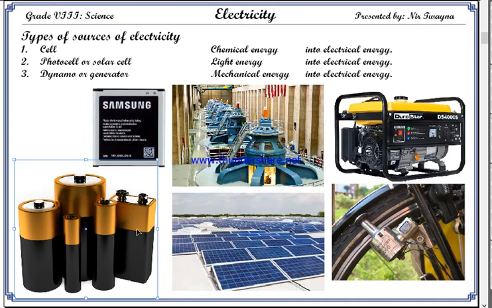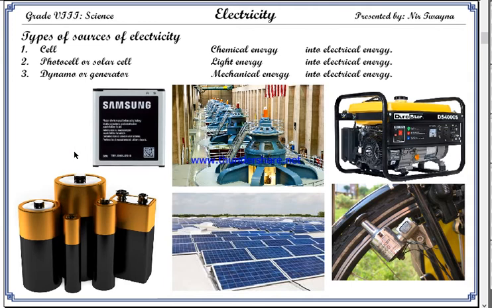Like this type of battery, you can see it produces 4.5 volts, whereas these circular batteries usually produce 1.5 volts. And there are other batteries available in the market which produce different voltages. Like the battery in your laptop produces 12 volts. Okay, the battery of your mobile produces 5 volts.